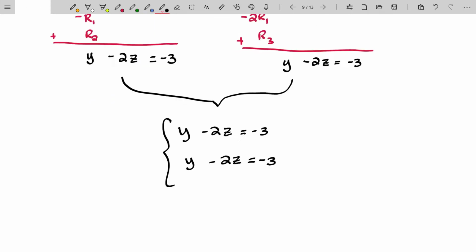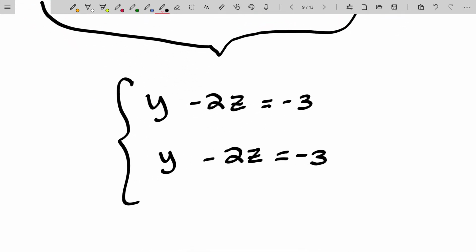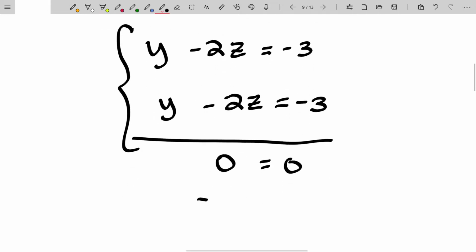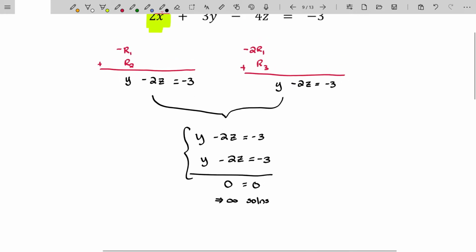So you should notice these are the same equations. It's probably a good idea that you do notice that. However, if you decide to not notice that and you say, I'm going to take row 1 and subtract off row 2, you will get 0 is equal to 0. That will tell you you have an infinite number of solutions, which tells you that you are going to have a parameterized solution.